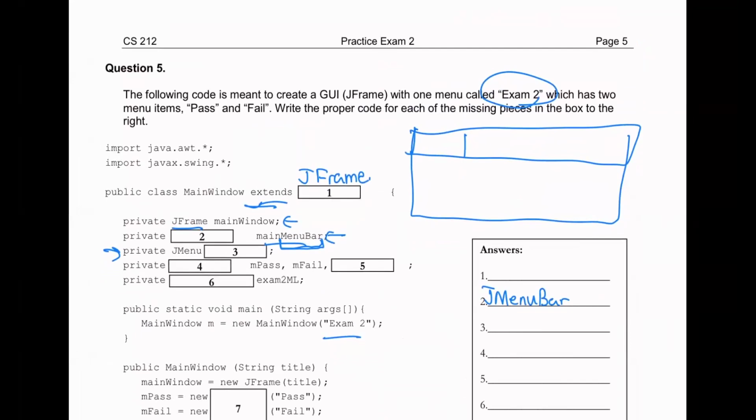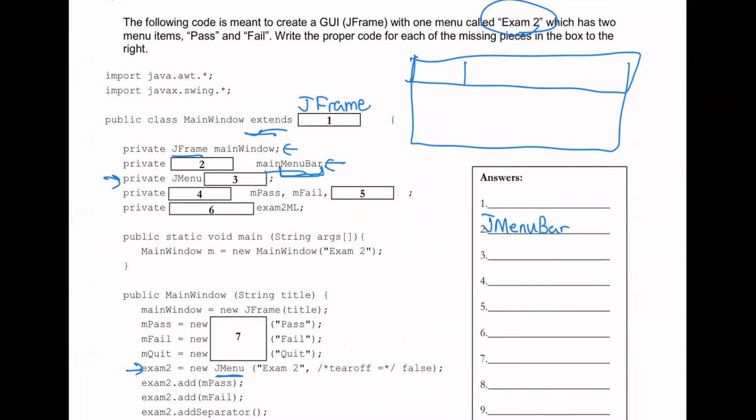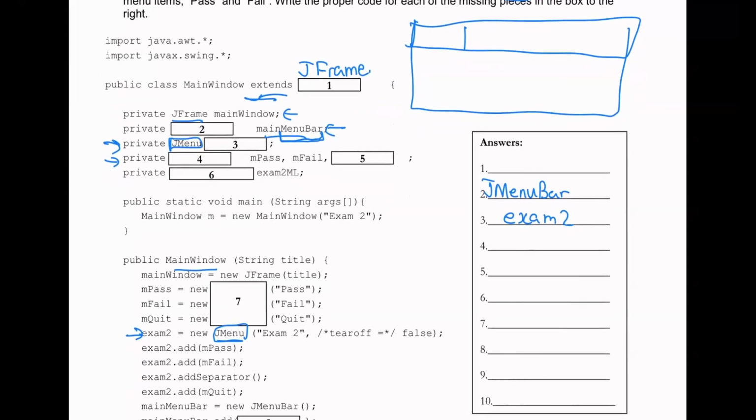It's the same because here you create a JMenu, so that is why the variable name should be exam 2. You can find it in this method. So this line gives pass and then fail. So it will be okay.